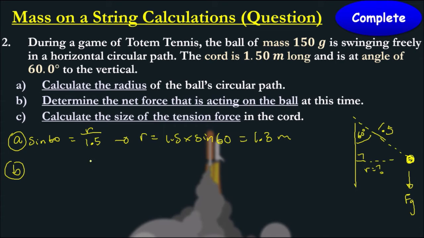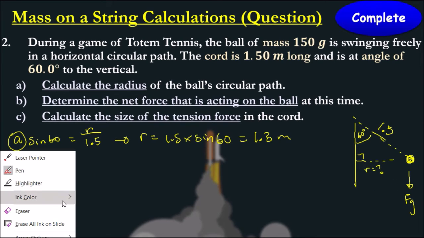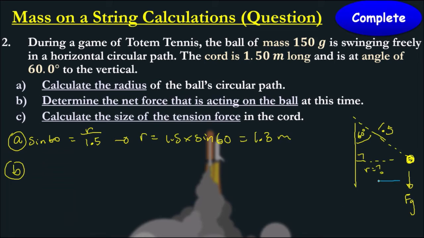B, it says determine the net force. So the net force, and I'll do it in a separate color, is going in like this. We have the gravitational force, which is aligned in this component. So what you can see here is we can use tan theta. Our opposite side is the net force over the gravitational force. If I do my substitution of values, this is what I end up getting.